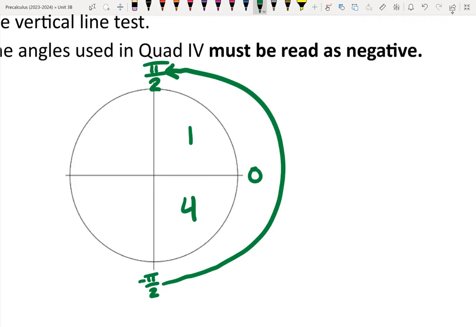Now, if I'm looking just at sine, I do the whole thing. But for sine inverse to be a function like we saw, we have to restrict it from negative pi over 2 to pi over 2, which means I can cross out quadrants 2 and 3, because they're not part of our range of sine inverse.